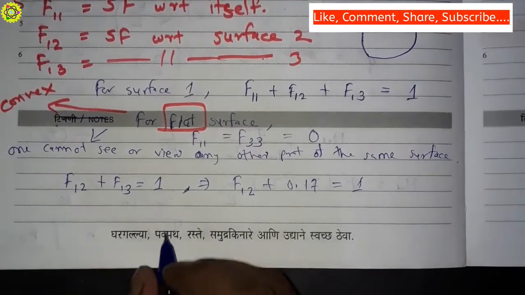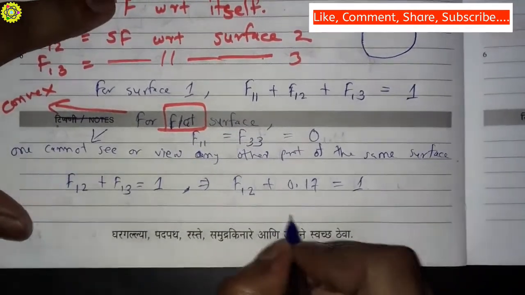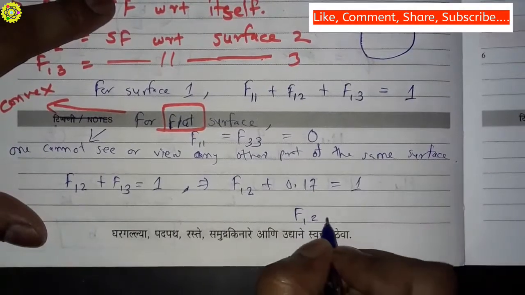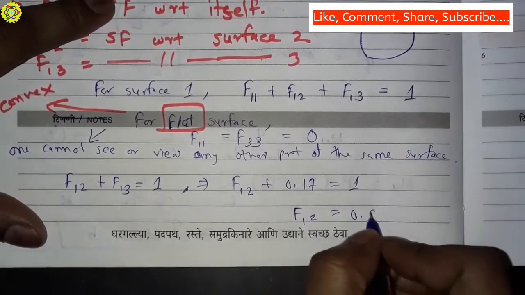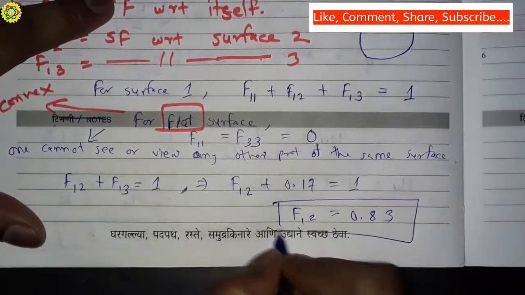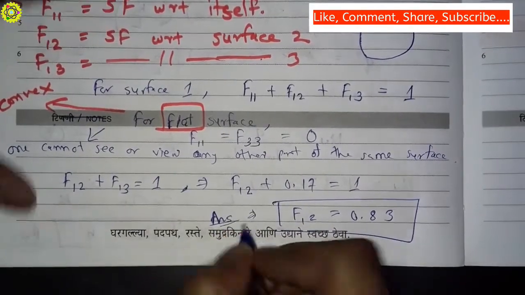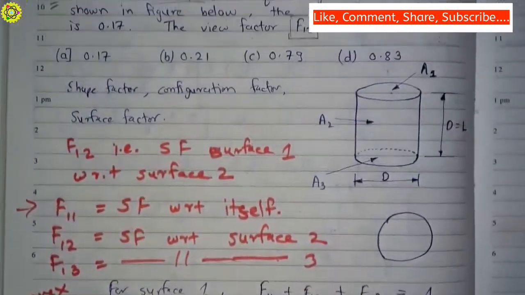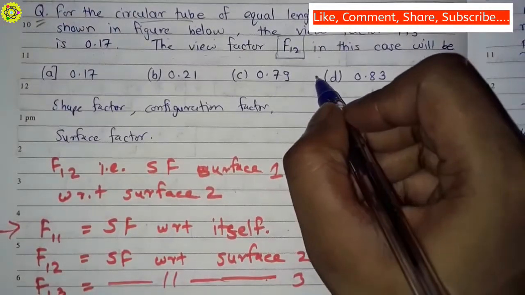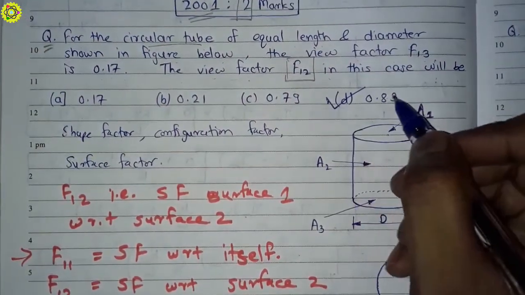After solving this, we get F12 equal to 0.83. Okay, this is the answer for this question, friends, and in the options, option D is the correct answer.